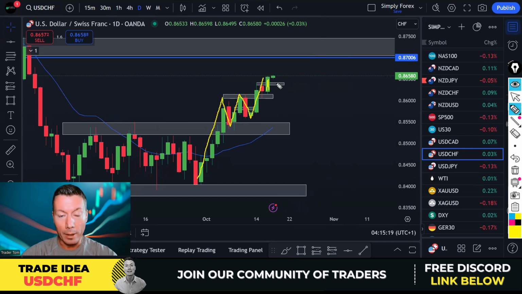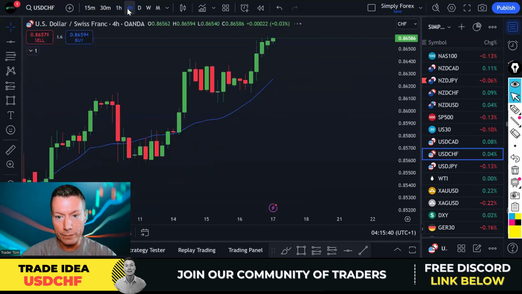I took some nice profit off this trade yesterday, and we've still got some room to move back up to this 0.8700 psychological level. So we're in an uptrend, nice room to move into, bullish candles. A little bit overextended, I would say, from this area here.